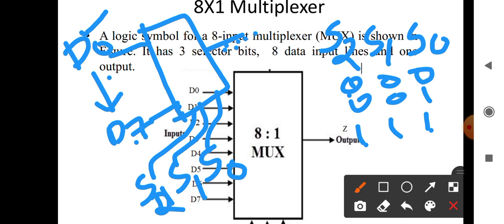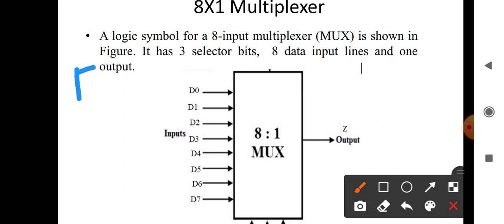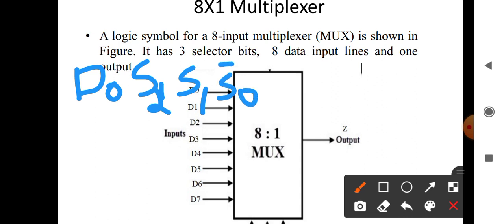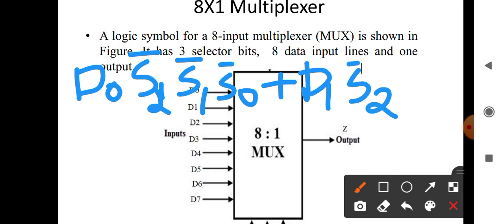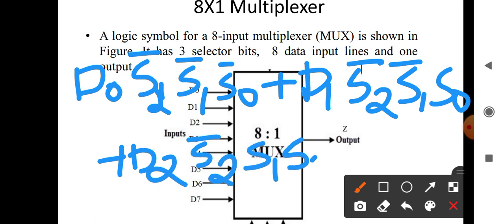Similarly we can write down the equation for this: D0 into S2 complement, S1 complement, S0 complement, plus D1 into S2 complement, S1 complement, S0. Similarly for D2, S2 complement, S1, S0 complement.